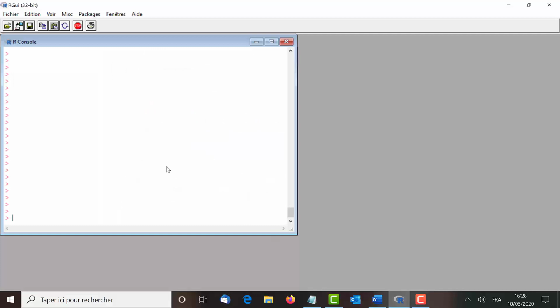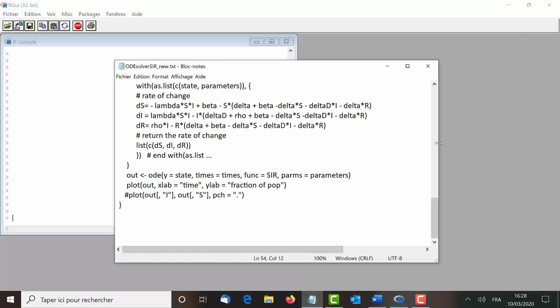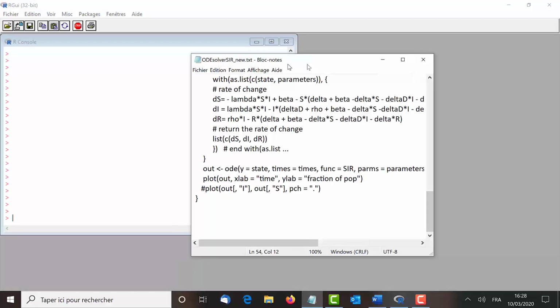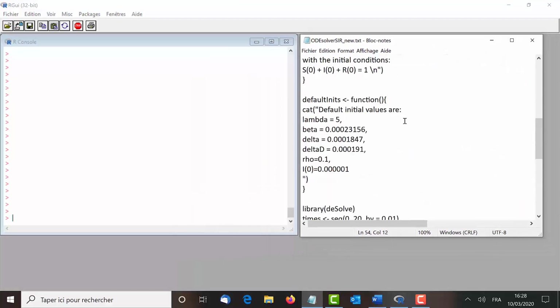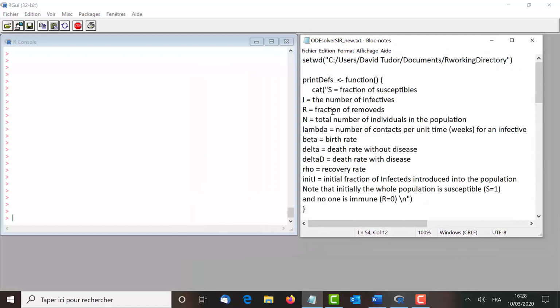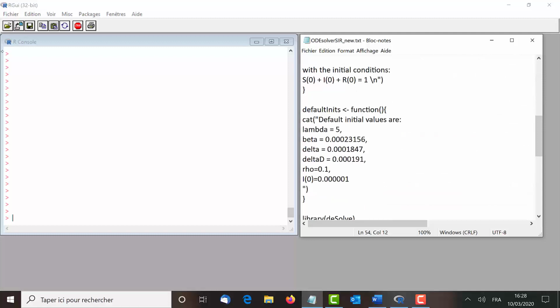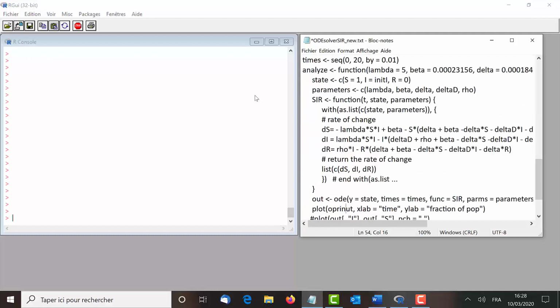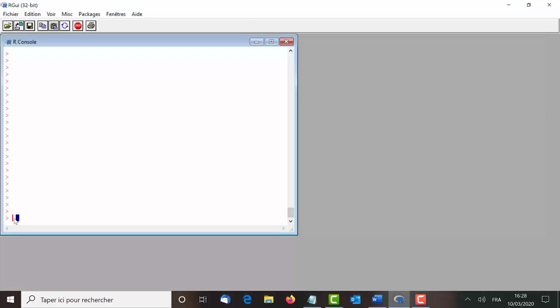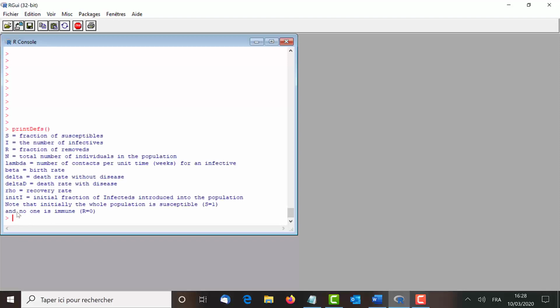Here we are. And remember the functions that we have available to us: we looked at the definitions, we looked at the differential equations, and we looked at the default initial values. So if we click into R and say print definitions, you always have to put the parentheses here. Those are our definitions.